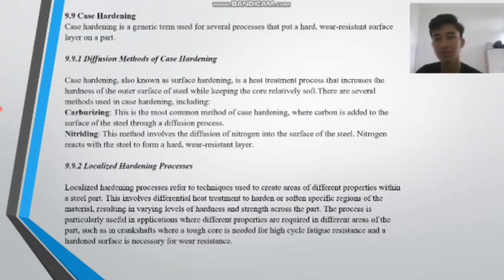There are several methods used in case hardening, including carburizing. This is the most common method of case hardening, where carbon is added to the surface of the steel through a diffusion process. Nitriding. This method involves the diffusion of nitrogen into the surface of the steel.